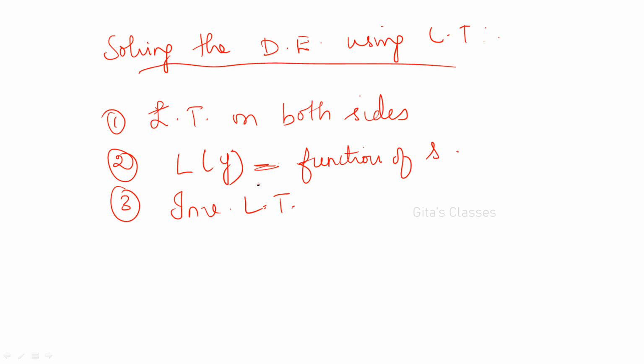By finding the inverse Laplace transform, y is equal to L inverse of the right hand side function of s. Find the inverse Laplace transform of this right hand side function, and you will get y. This will be the solution.